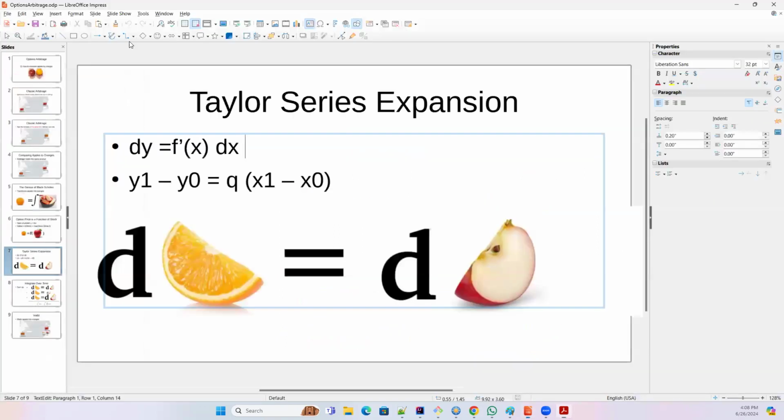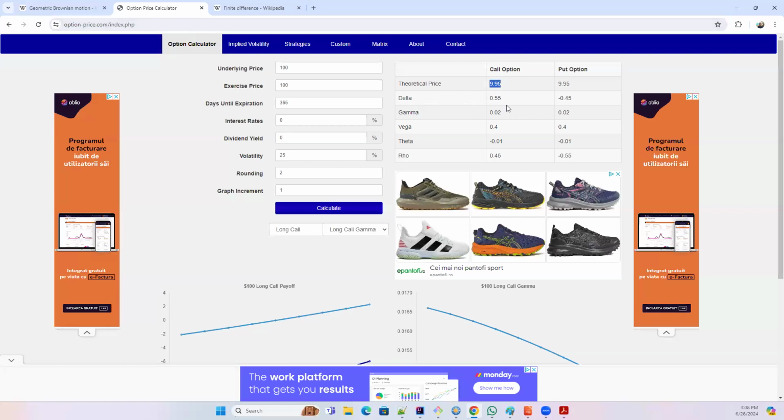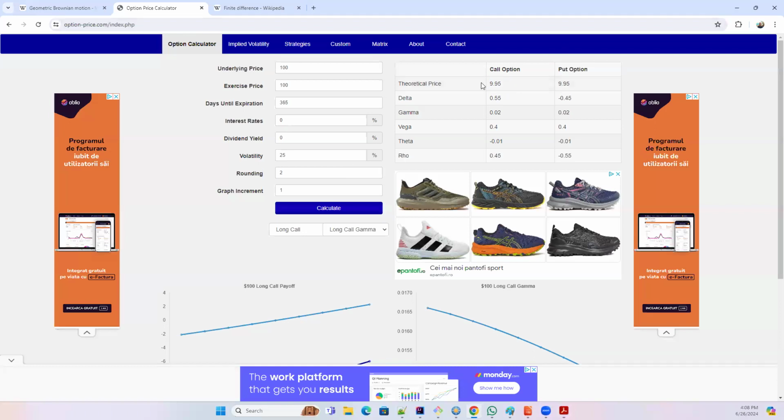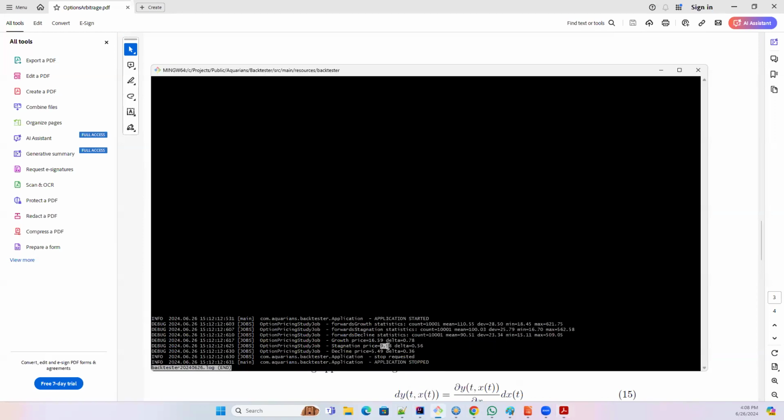And it gives us this price. Using Black-Scholes, which just solves this stuff, gives us a y0 of 9.95.